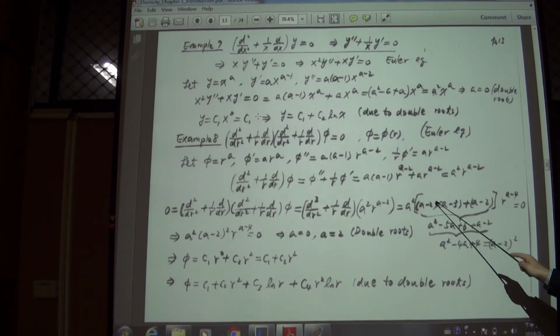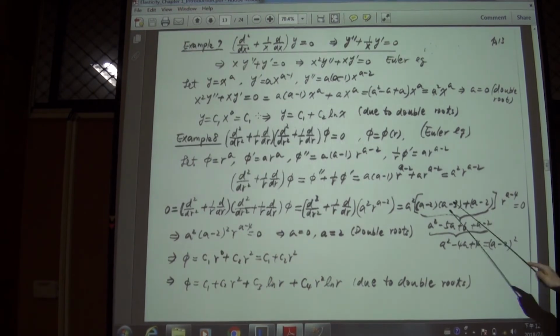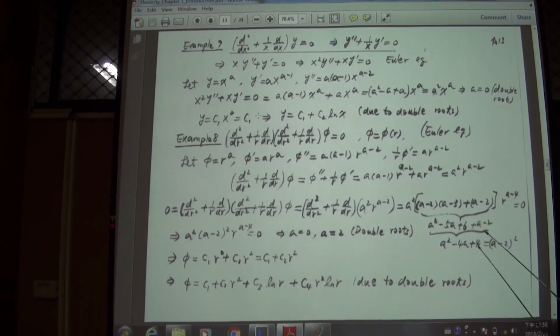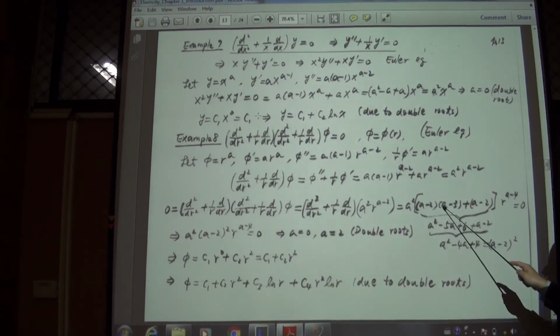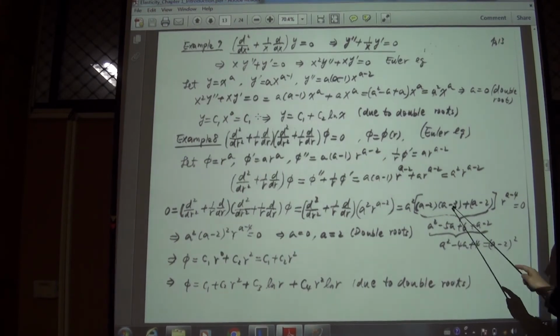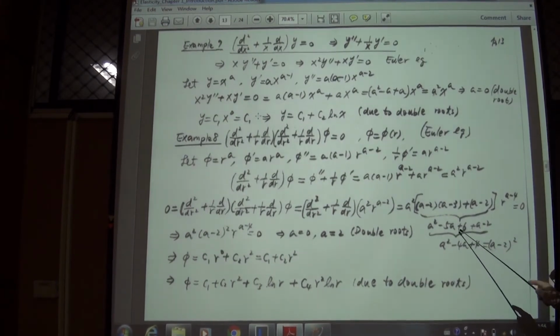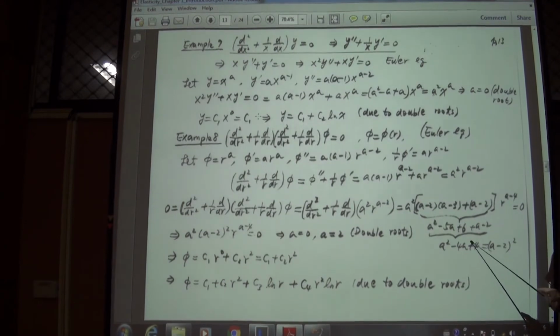Actually, we can take a minus 2 out, but I did something stupid. I used a more lengthy way. I just expand this term, a squared minus 5a plus 6, and then finally this one and this one cancel out to get this one.